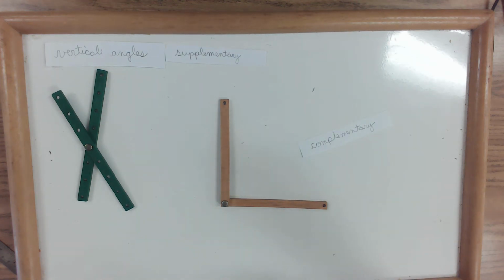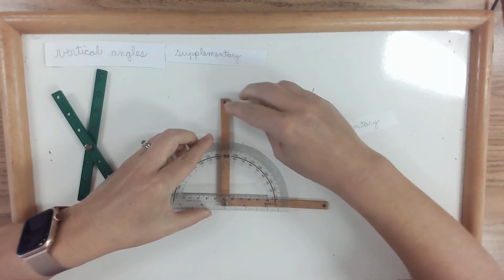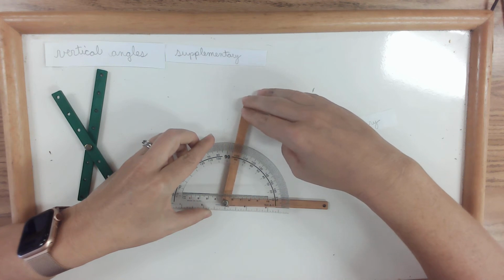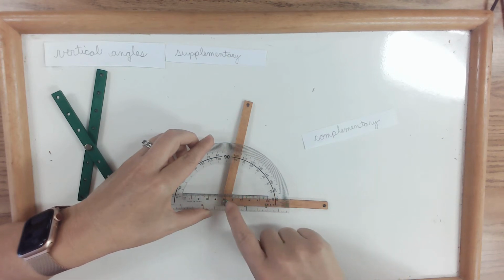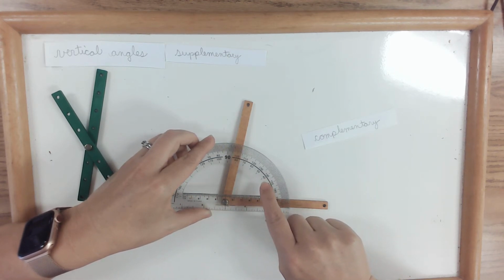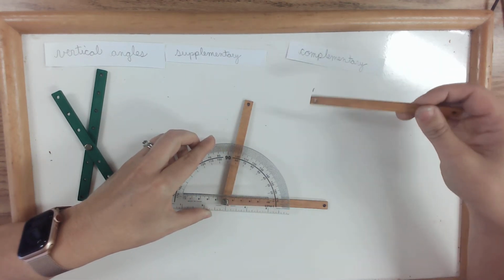Let's say I don't have a right angle though. Let's say that I have an 80-degree angle. So there's my 80. I line it up at the vertex. I can move this over to 80. We'll put that in the middle. Well, what's half of 80? It's 40. So my bisector would have to come right through the 40, right here. I'll put that underneath.